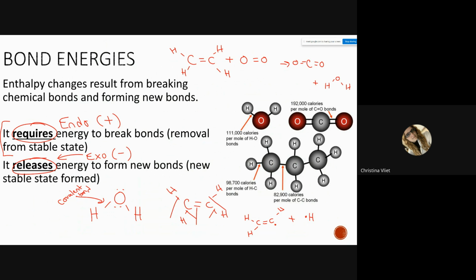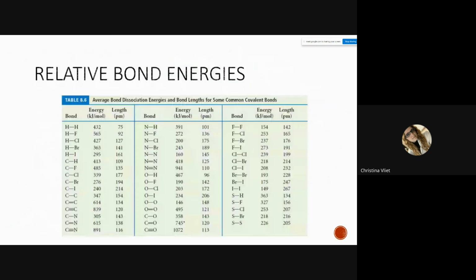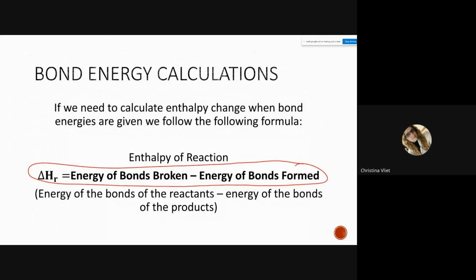So what you do on your reactant side is going to always be positive, an endothermic reaction. On your product side, when you form these new bonds, energy is released, which means that it's always going to be exothermic. So your bond energies for your products, you're always going to change to be negative. And so that's where this formula comes into play.